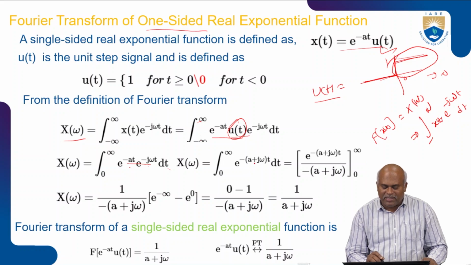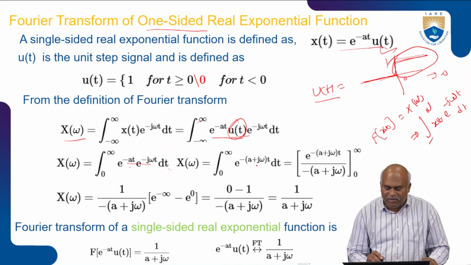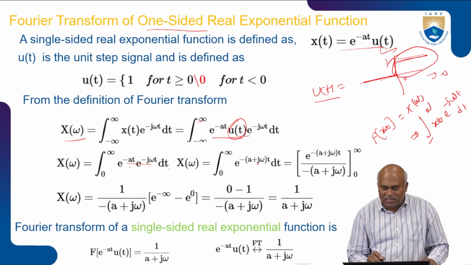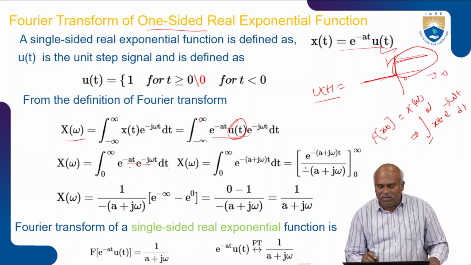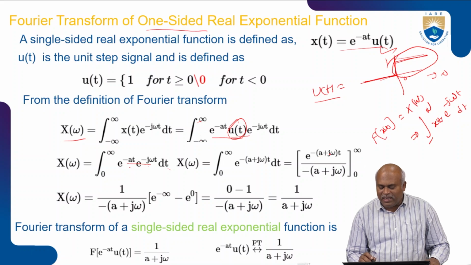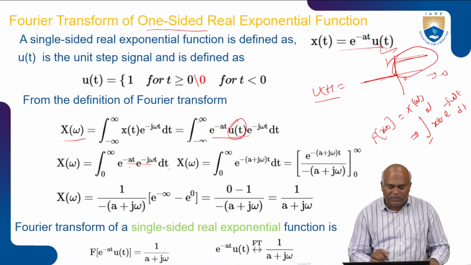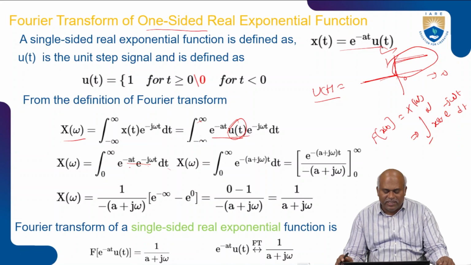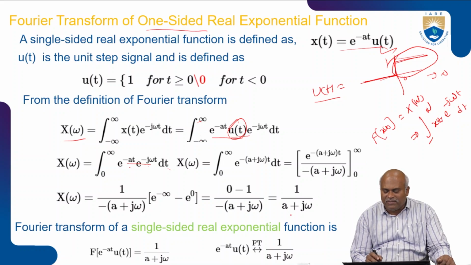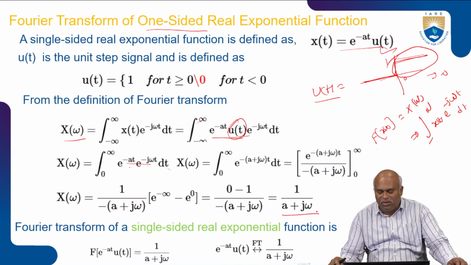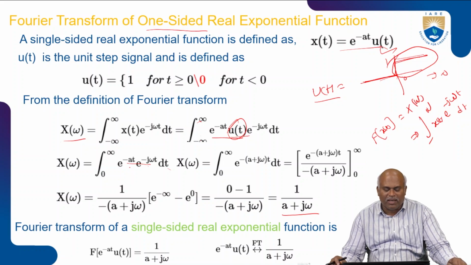Then e power minus (a plus j omega) t dt. Doing the integration, we get e power minus (a plus j omega) t divided by minus (a plus j omega), with the limit 0 to infinity. If we substitute the limit 0 to infinity, we get the frequency response of the Fourier transform equal to 1 by a plus j omega for the one-sided real exponential signal.